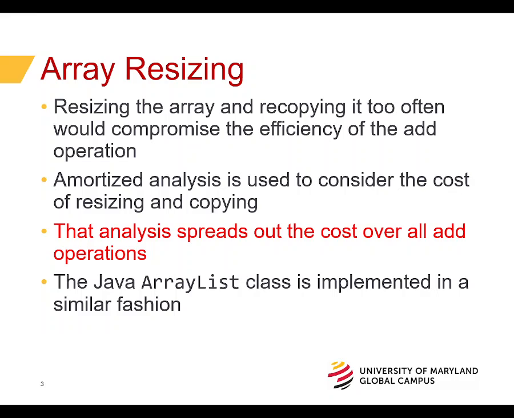When we amortize the cost of an operation, the cost is spread out over all add operations, since it is only done occasionally when no free space remains in the array. The Java ArrayList class is implemented in a similar fashion, resizing and copying the underlying array when it becomes full. One minor difference is that the Java ArrayList class is a bit more conservative, allocating an array only 50% bigger.